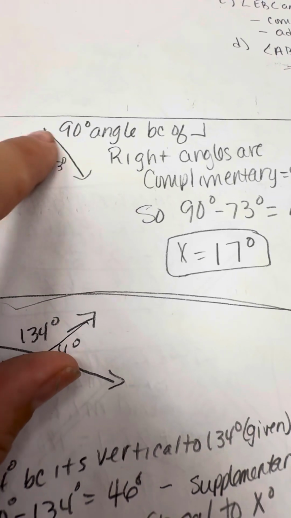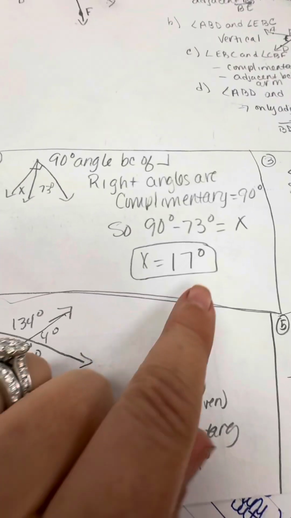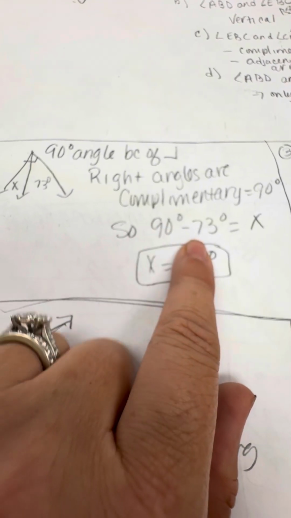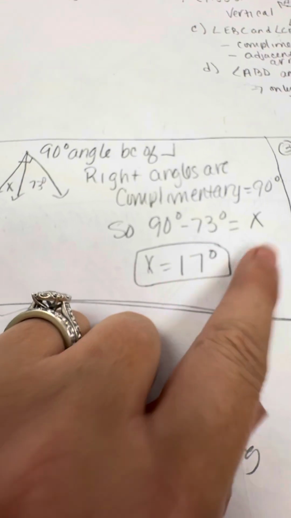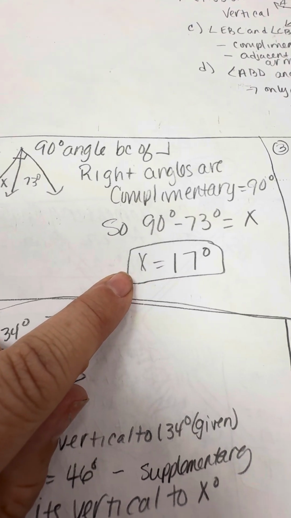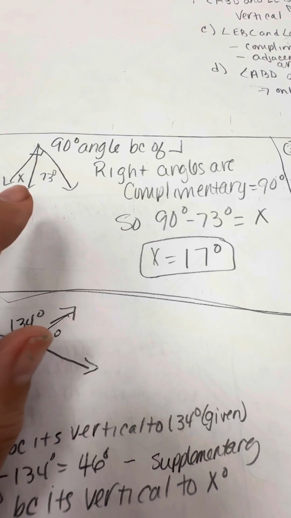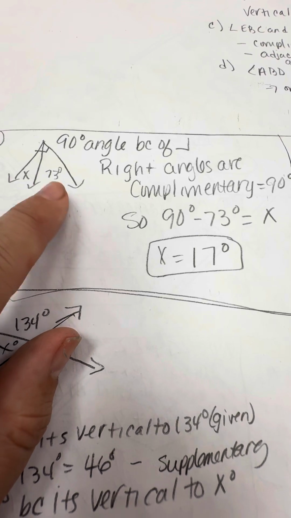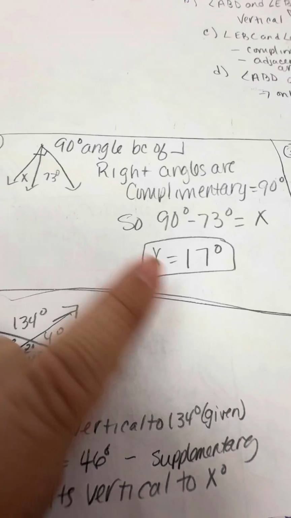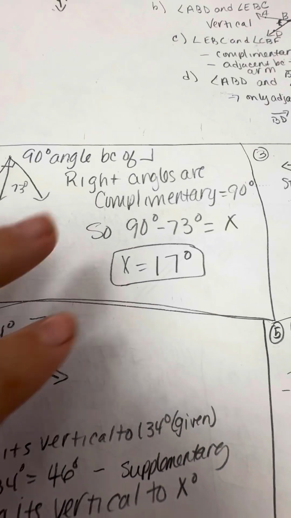If this all is 90 degrees and I'm given 73, I'm simply going to subtract. 90 minus 73 is equal to X degrees, which is 17 degrees. If I went back to check myself, is 73 plus 17 90? It would be, and you would be correct.